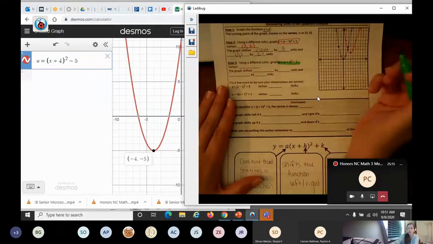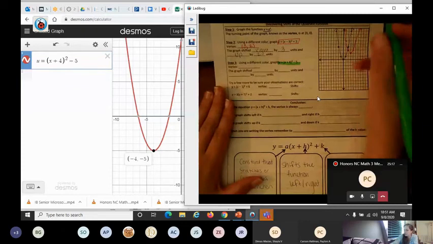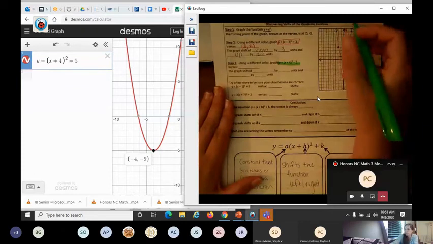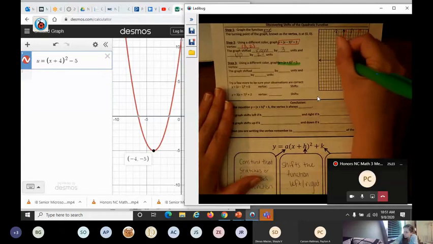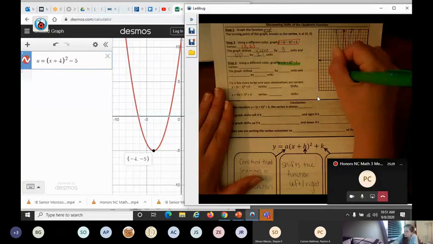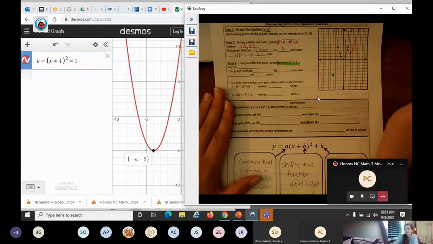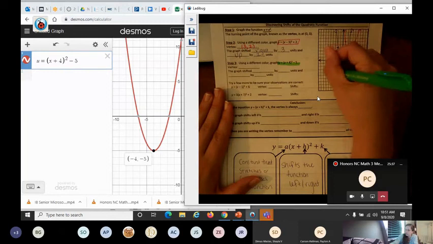And if you're using your own notebook paper, just sketch it out real quick. And we need to have our vertex at -4, -5. So I'm going to move left 1, 2, 3, 4, and down 1, 2, 3, 4, 5. Okay. That will be where my vertex is. What questions do you guys have so far?